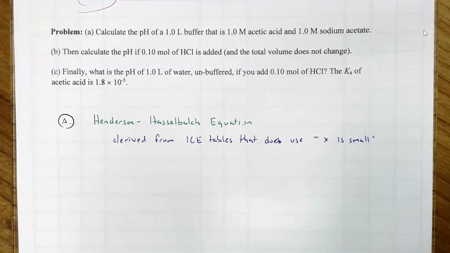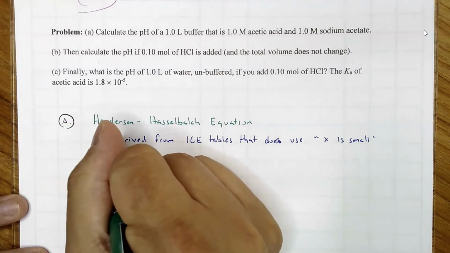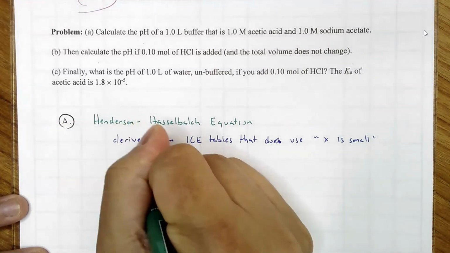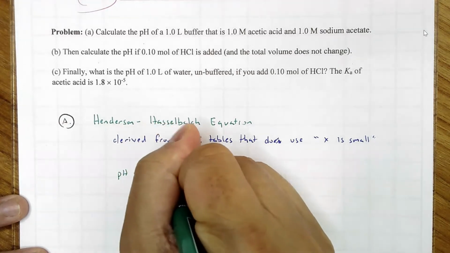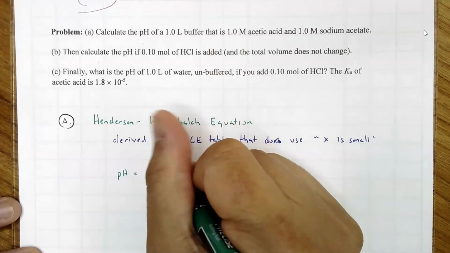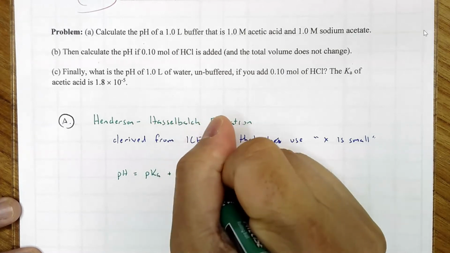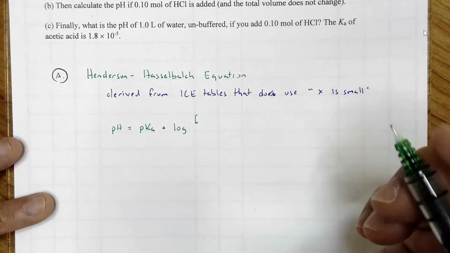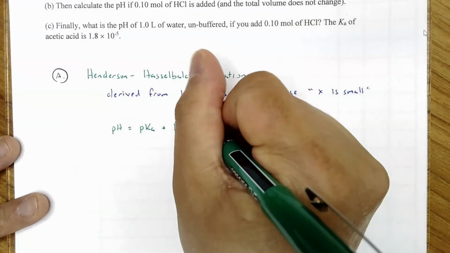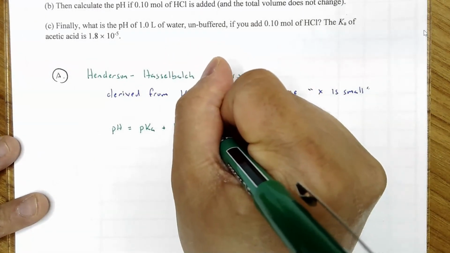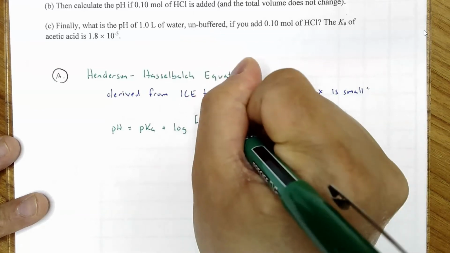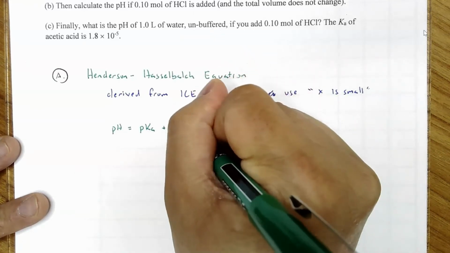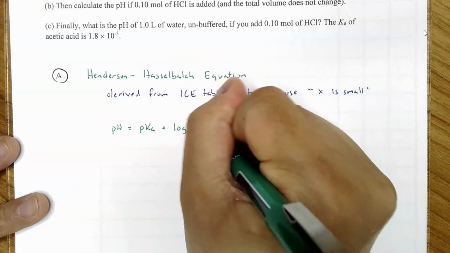Okay, let me just get to the equation. The equation is pH equals pKa plus a factor which is log, and this is where sometimes I get confused. The conjugate base concentration goes on top, and the weak acid concentration goes on the bottom.